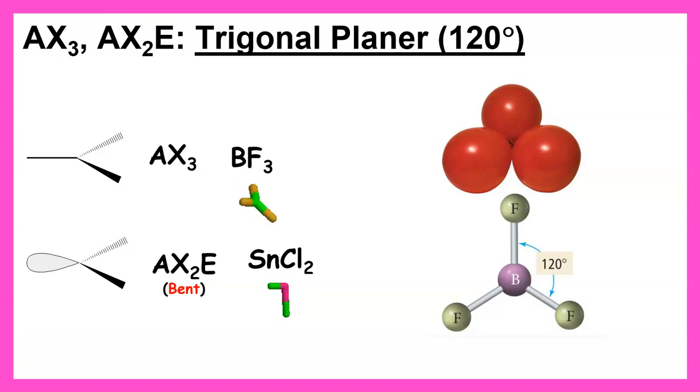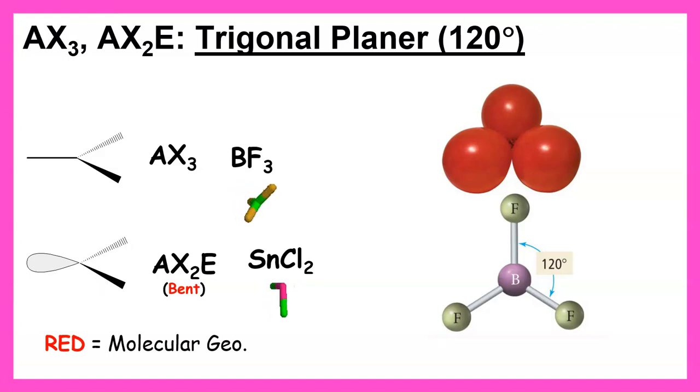So the electron geometry is really just looking at how many items are attached. The molecular geometry is looking at the shape the atoms themselves take, if we weren't caring about the lone pairs as one of the items in the picture. Both of these have a steric number of 3, don't they? They have 3 items attached.